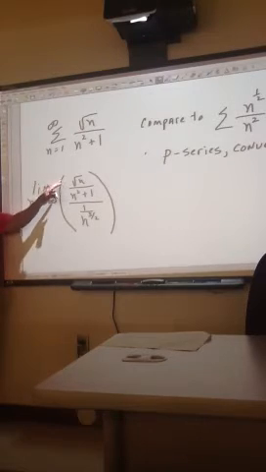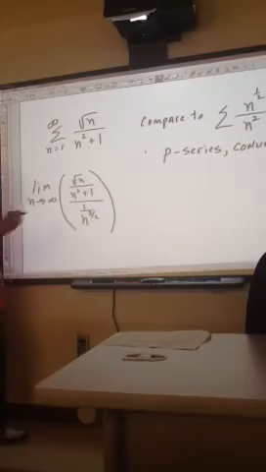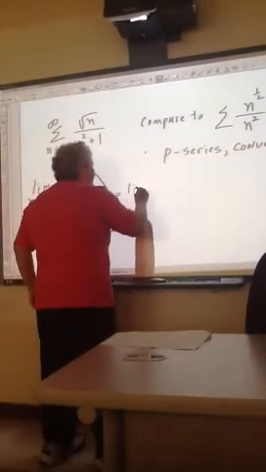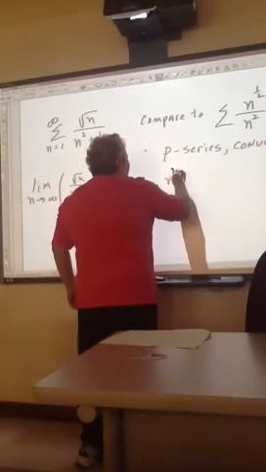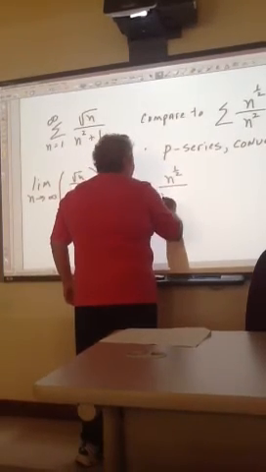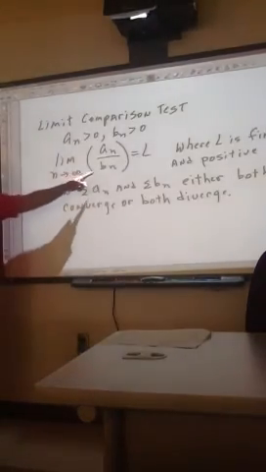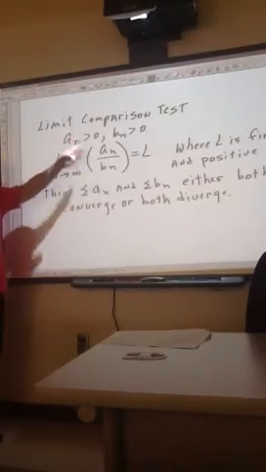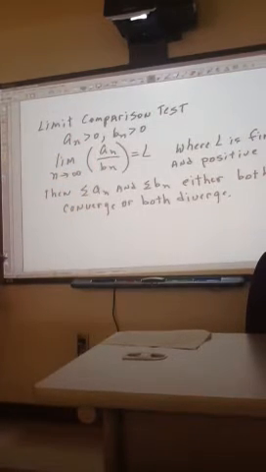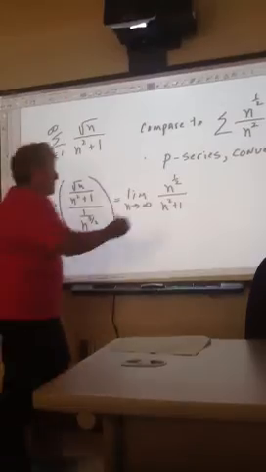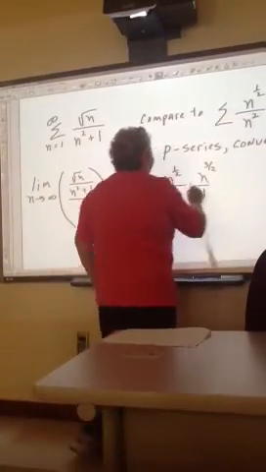This is a fraction divided by a fraction, so we can invert and multiply. I guess that works. Yeah, we're trying to do an example of the limit comparison test. On a problem like this, why don't we first try the nth term test before we go on to doing something as complicated as this?